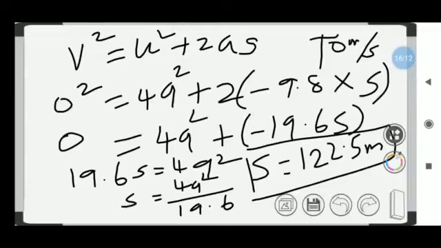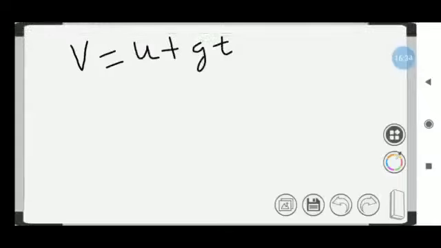And the total time they asked, right? So first you have to know what the total time is. In the first case, v equal to u plus gt. When it reaches the maximum height, the same time it will take to come back to the bottom also.